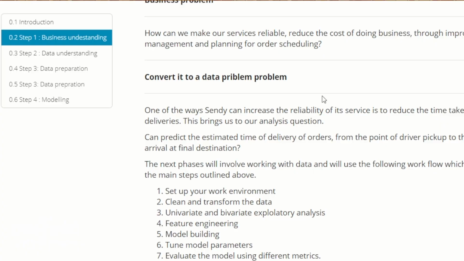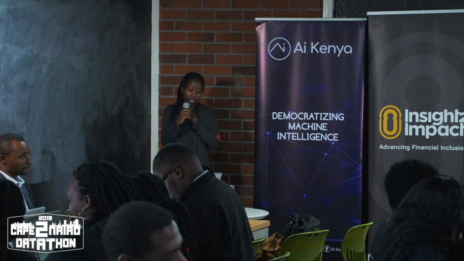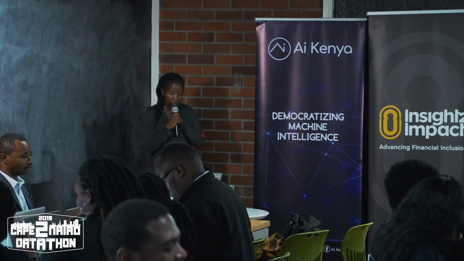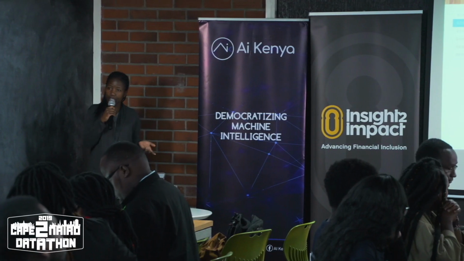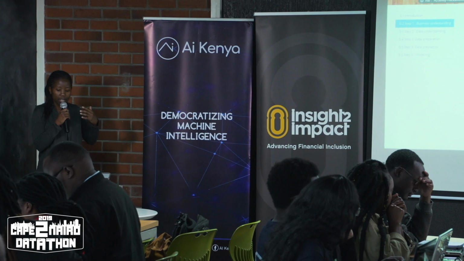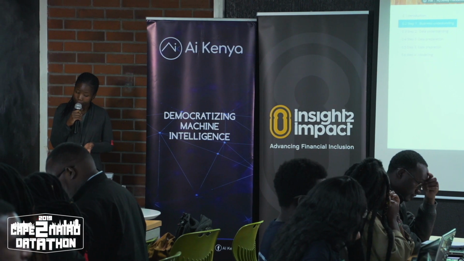models. So the first one, of course, before you begin, once you understand the business problem, you convert it into a data problem. Because understanding the business problem is really important because it gives you an idea on some of the variables you can use in your predictive modeling. So the first step we are going to do is, of course, set up a work environment in R. The next step is we need to clean our data, transform it, and then explore the data.